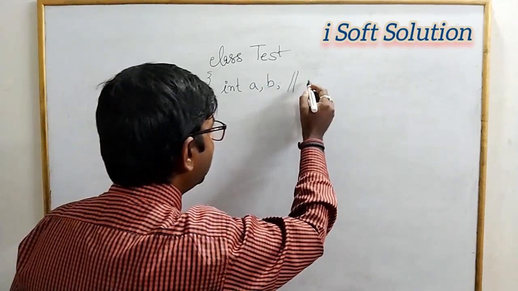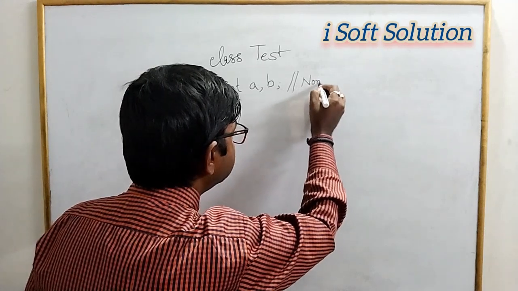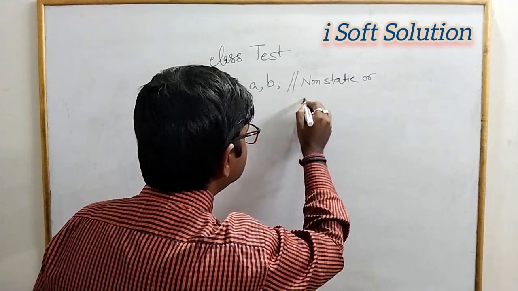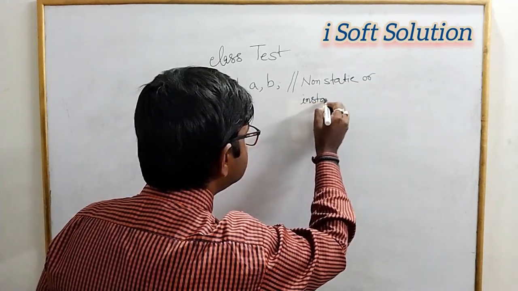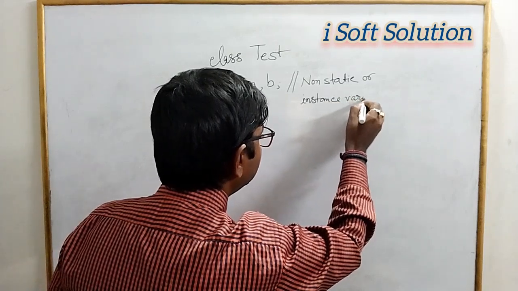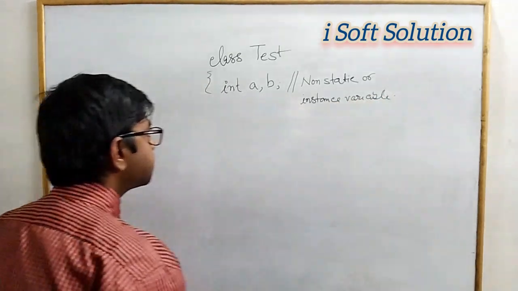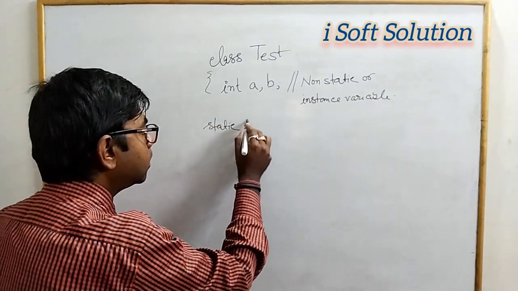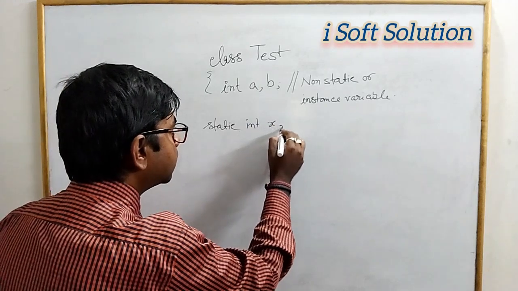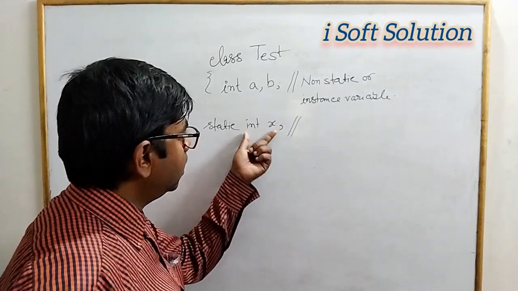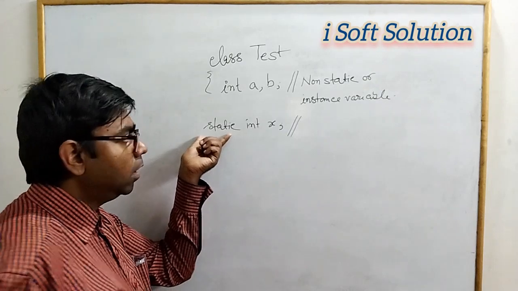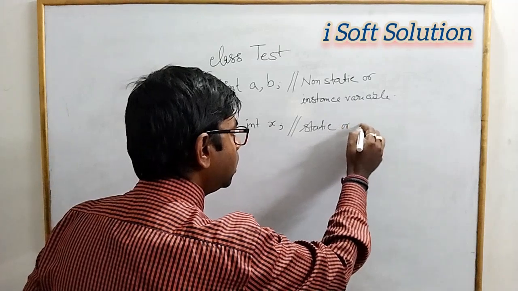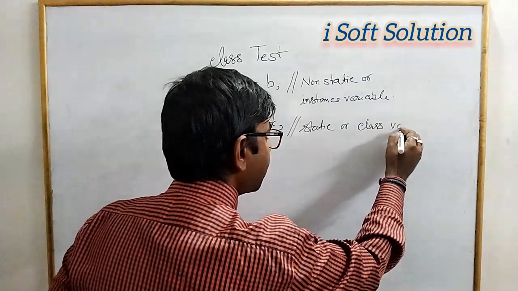These two variables are called non-static or instance variable. Next, static int x. Now this variable with the static keyword is known as the static or class variable.